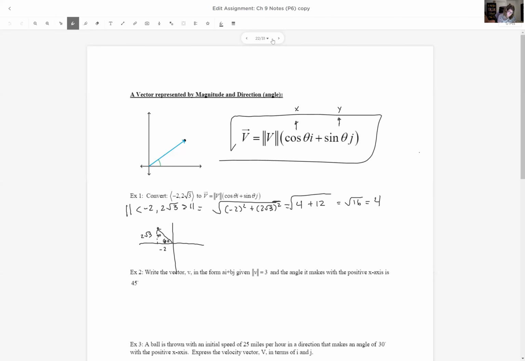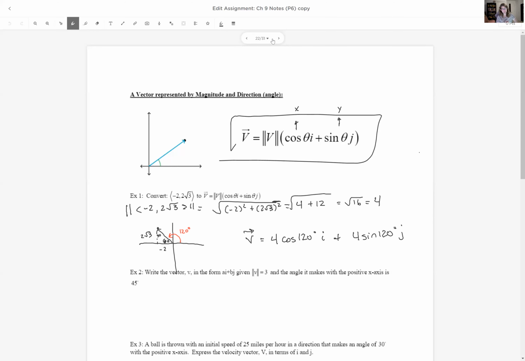So the angle that takes us from our initial side, which is the x-axis, over to where our vector is pointing is 120 degrees. So our vector in this new form would be 4 cosine of 120 degrees i plus 4 times sine of 120 degrees j.